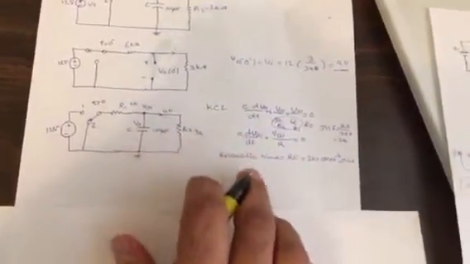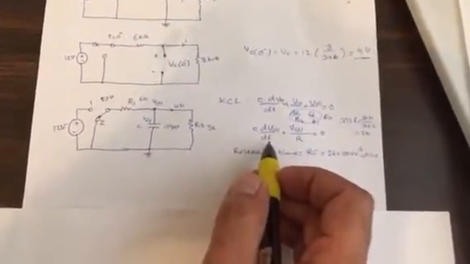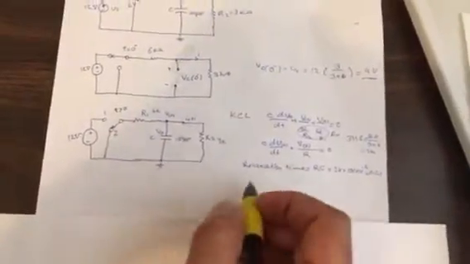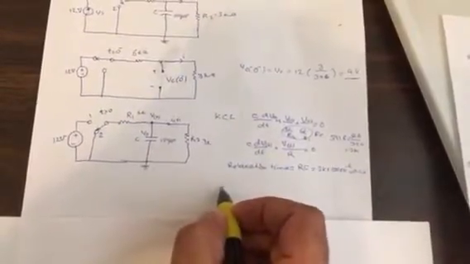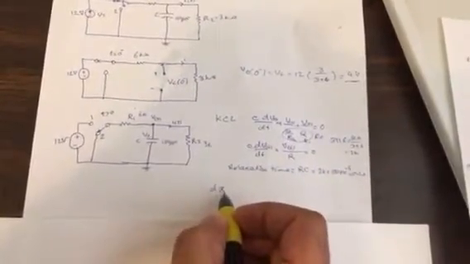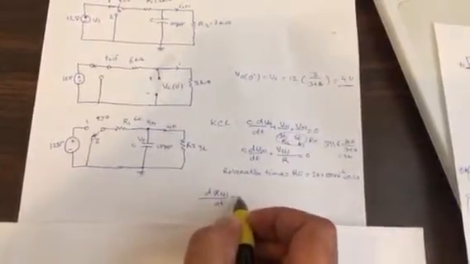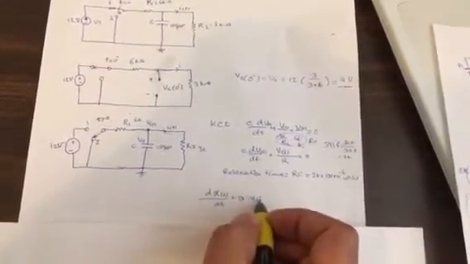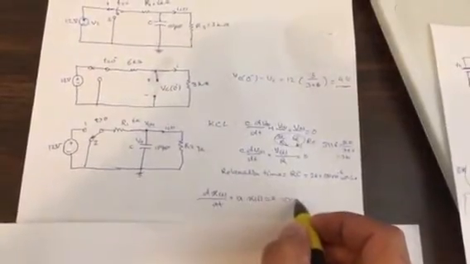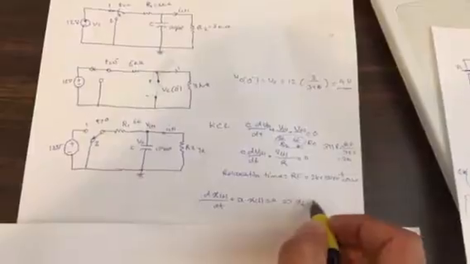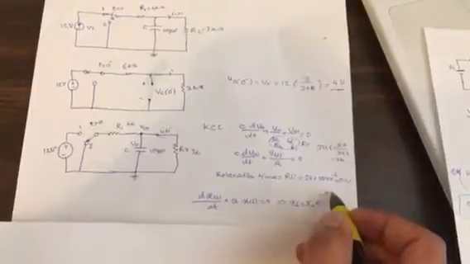The second thing that you need to know is the answer to a differential equation like this, which we covered in class. We said that if I have an x of t, then dx of t over dt plus a x of t equals 0, the answer to this is x of t equals x0 e to the power minus a times t.